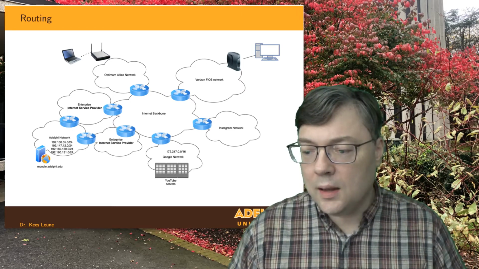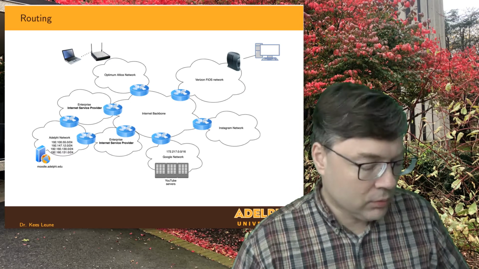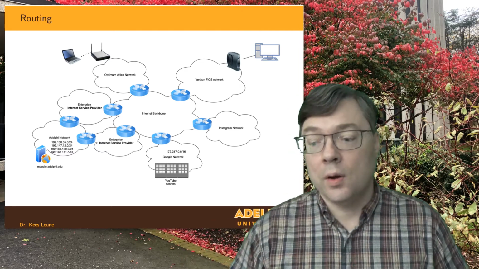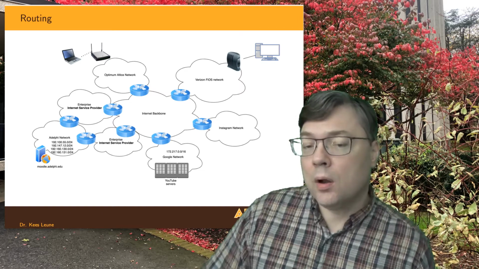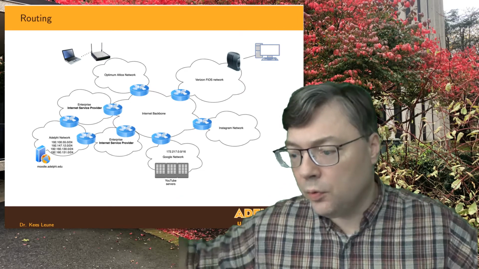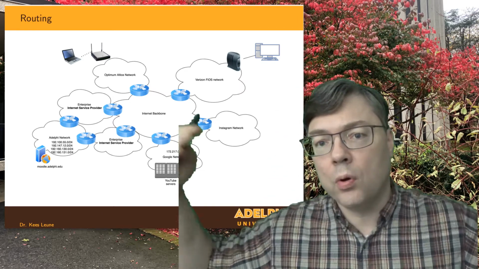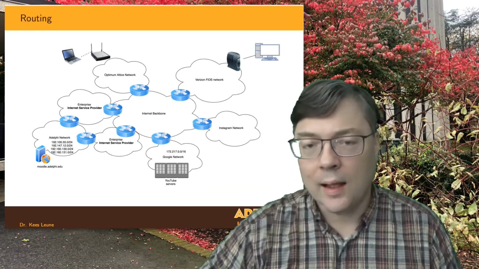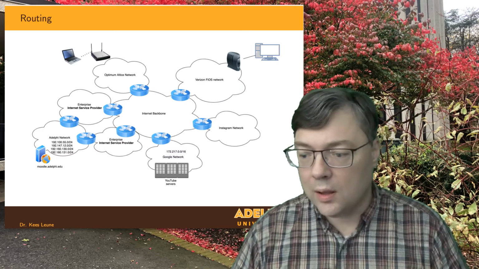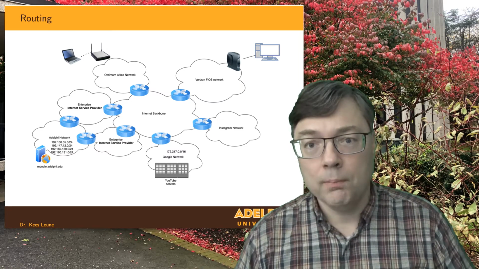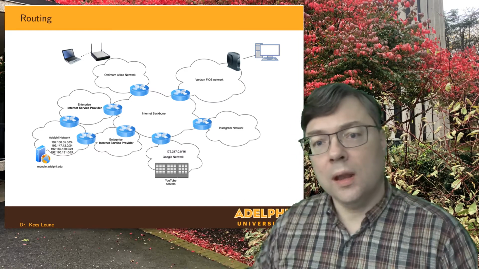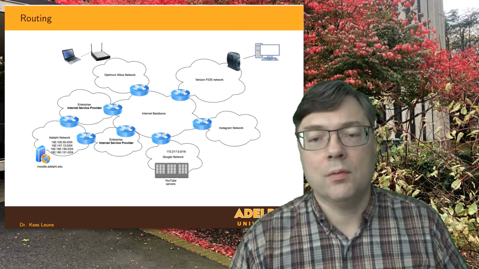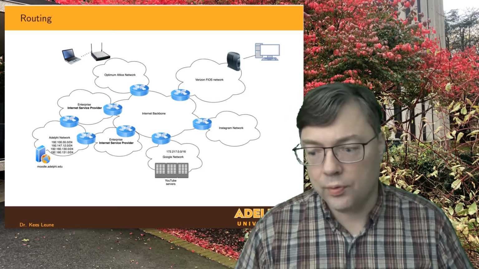But what it does mean is that Adelphi constantly tells the world, anyone and anything connected to the internet, hey, if you are looking for 192.147.12.4, I've got it. Come to me. Right? And as soon as we announce that to the internet, in principle, all routers on the internet can figure out where we are and what IP addresses we can serve.